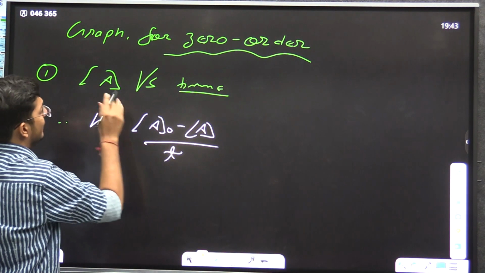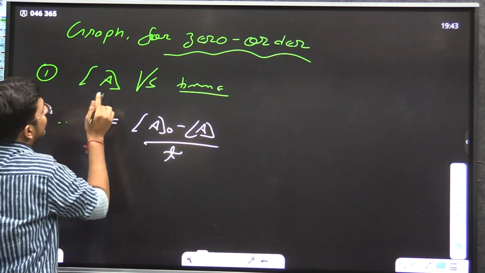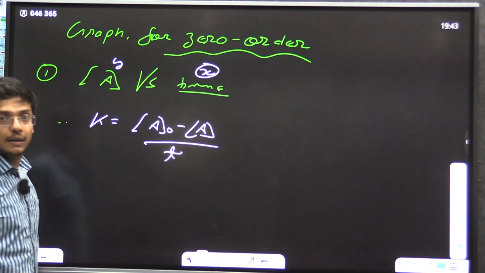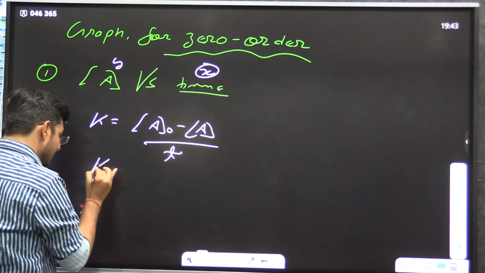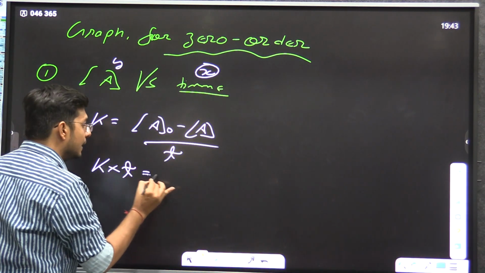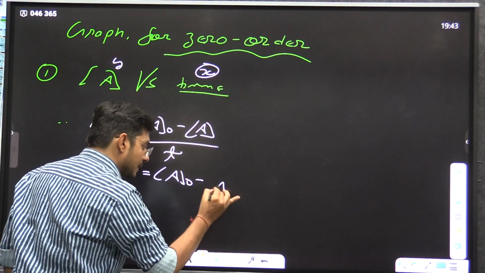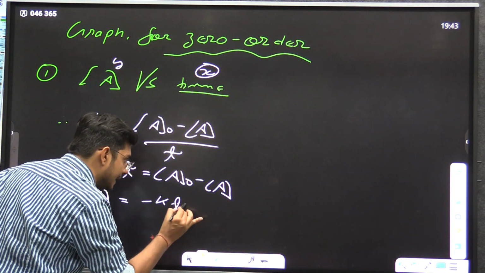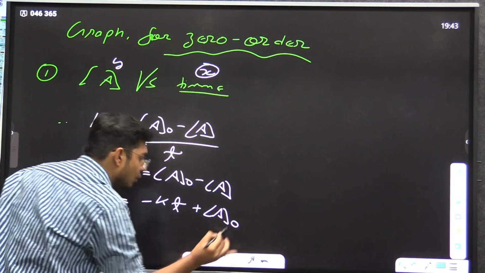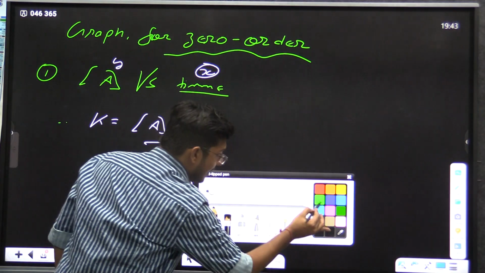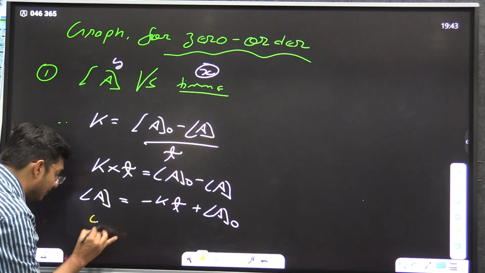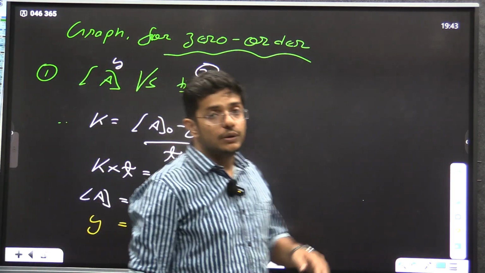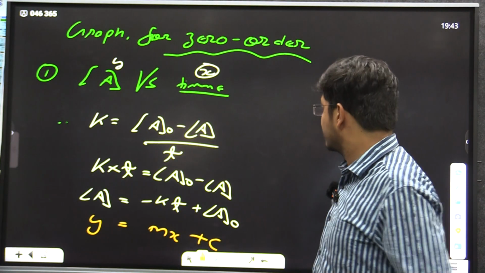We can manipulate this in such a manner that A comes on the y-axis and T along the x-axis. So this can be written as K into T is A naught minus A, or A is minus KT plus A naught. Please compare this with the straight line equation y is equal to mx plus c.